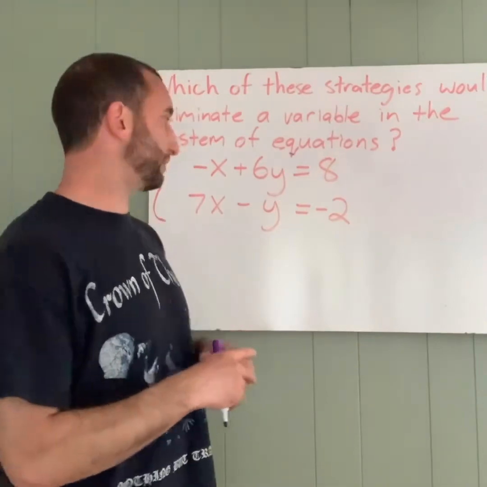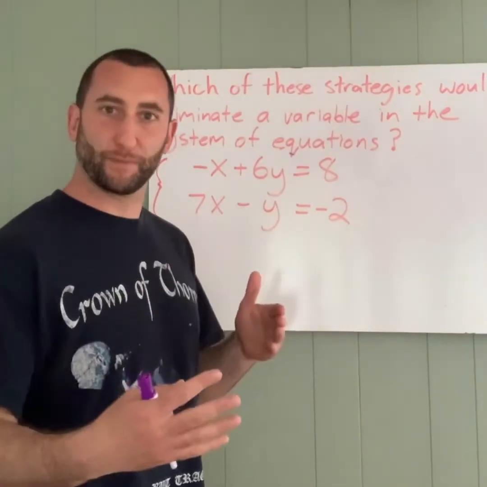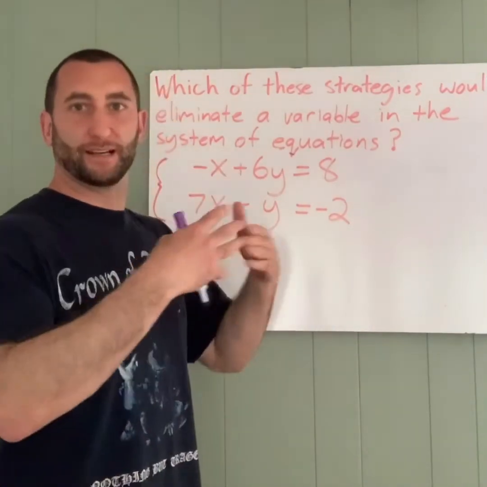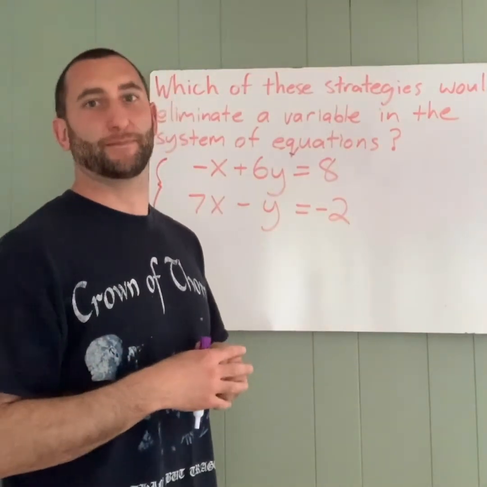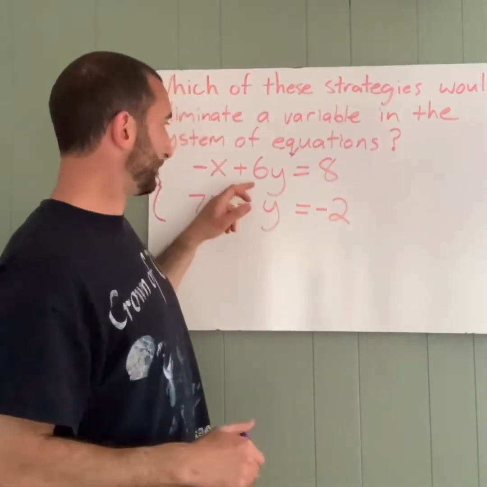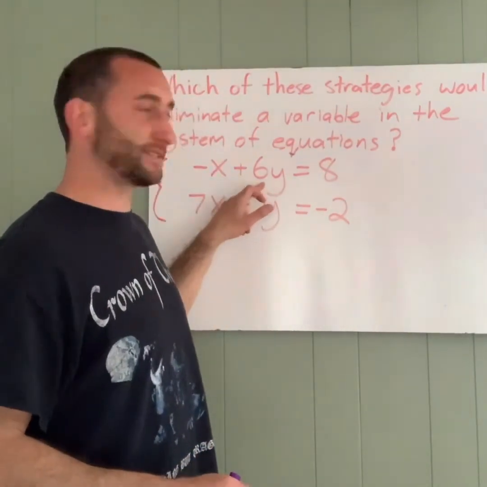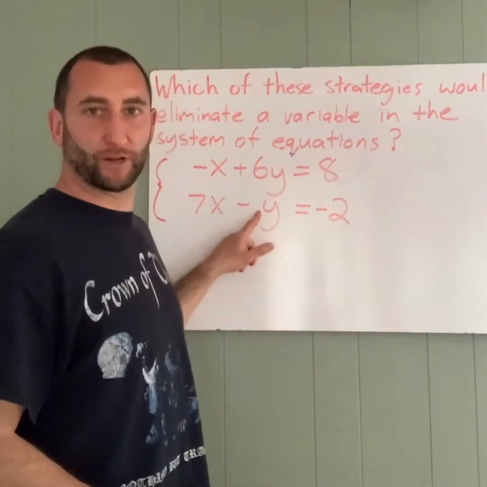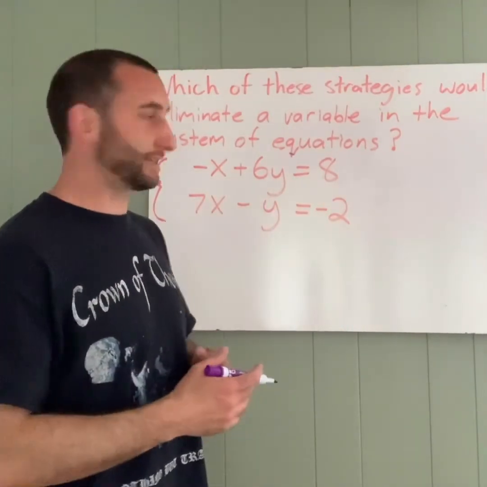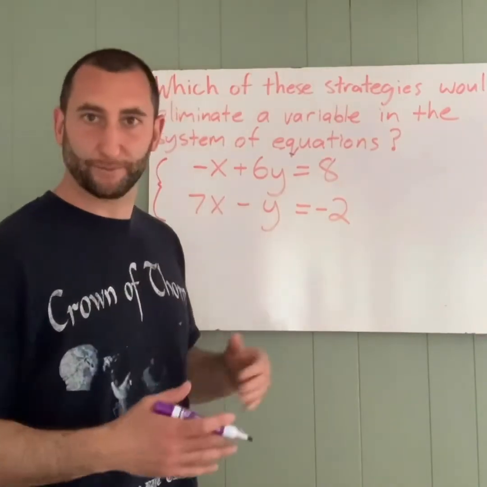I think it's easier to multiply the smaller number by the whole number and bring it up to it. And therefore, if you're multiplying everything by an integer, you're going to get integers. You're not going to have any messy fractions to deal with. So what can we multiply -1 by to be the opposite of +6, meaning -6? We multiply -1 by 6, making it -6. 6 minus 6 equals 0.